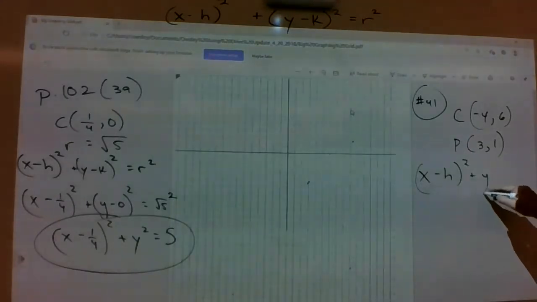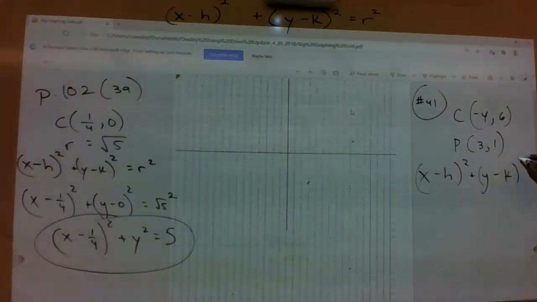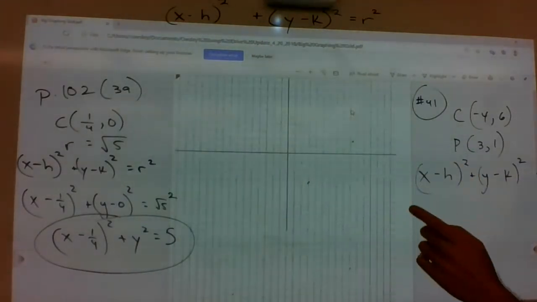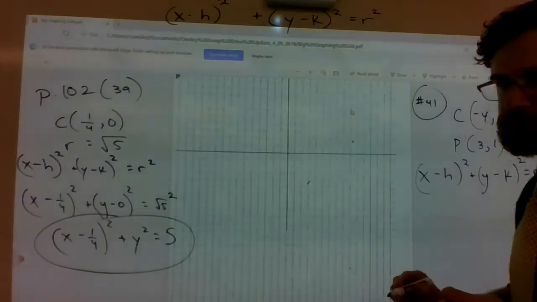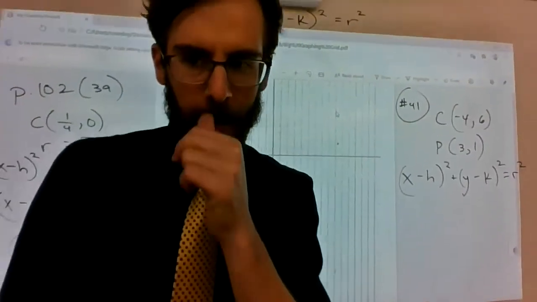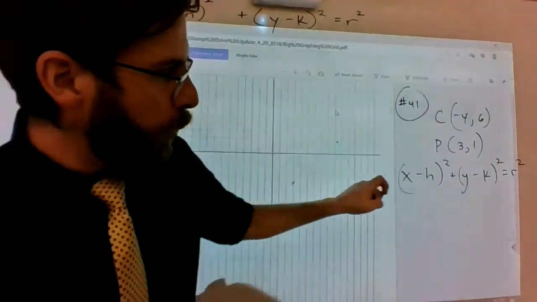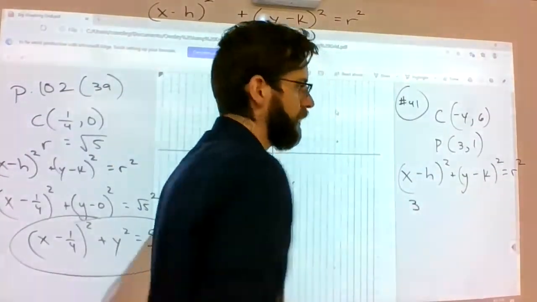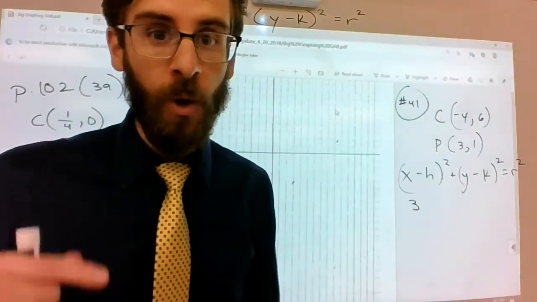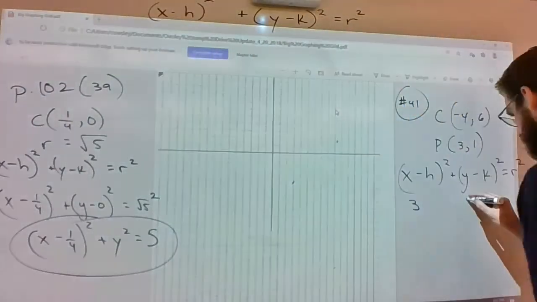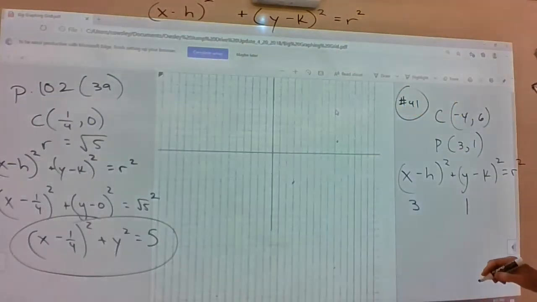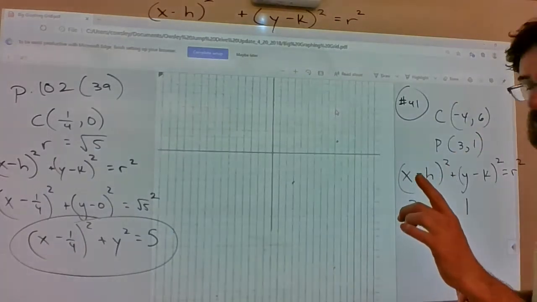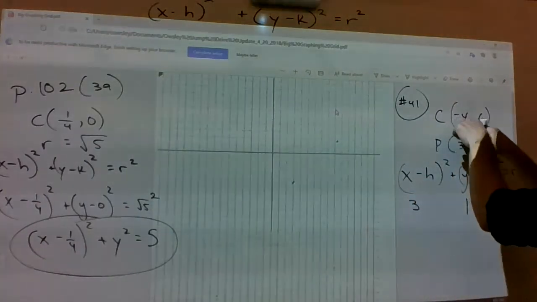So I'm going to rewrite this equation. Here's what I know. I know that when x equals 3, y has got to be 1. And h, the horizontal shift, is always -4.